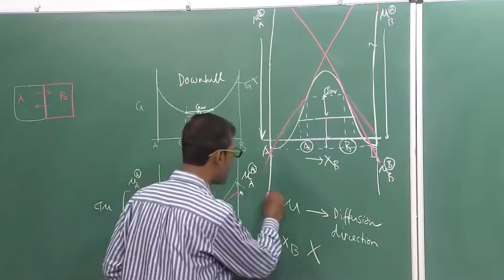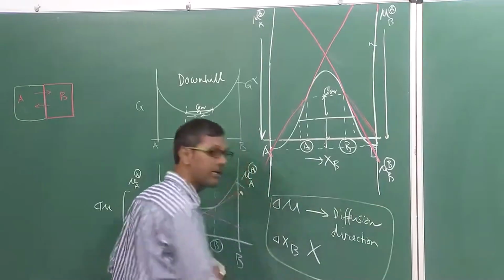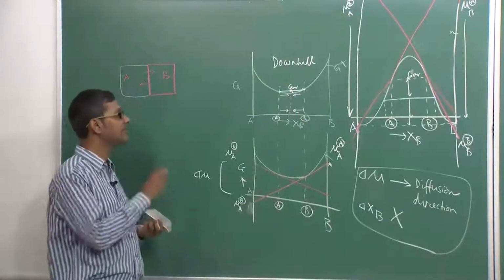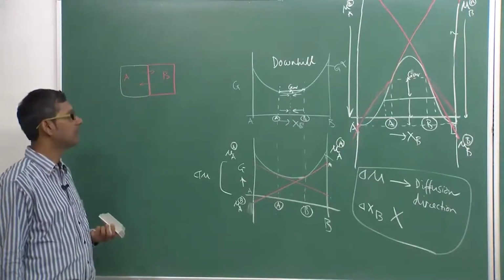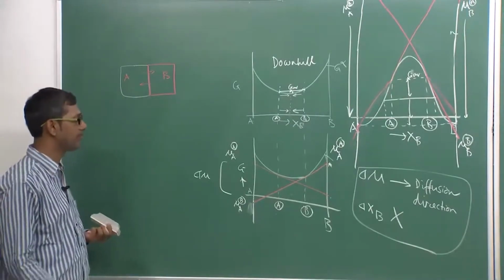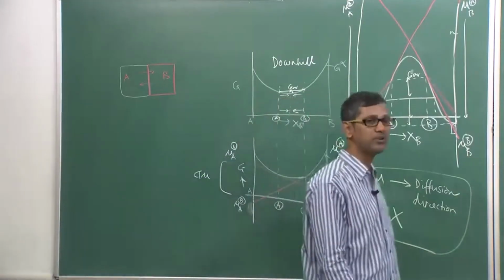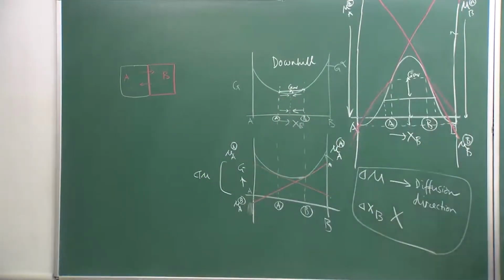So thermodynamics is not failing here. Thermodynamics is giving us the real answer why diffusion happens up the concentration gradient, or uphill diffusion happens. So the basic driving force for diffusion to take place is the chemical potential gradient. It gives you the direction of diffusion, and in fact it does not tell you how fast or how slow the diffusion will happen.